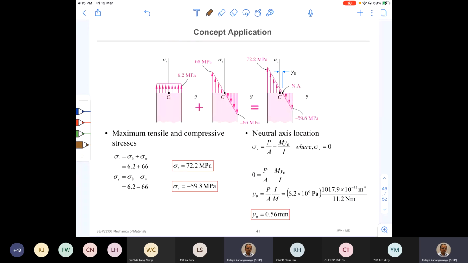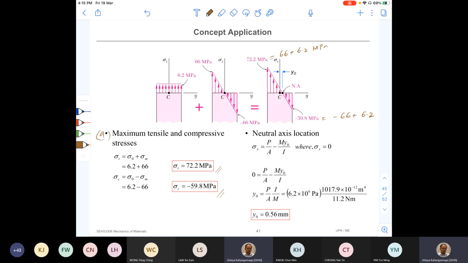So this is how you see it. Okay, so here 72 megapascal is equal to 66 plus 6.2 megapascal. Here negative 59.8 is actually negative 66 plus positive 6.2. Okay, right? So we got the values for part A. This is part A.